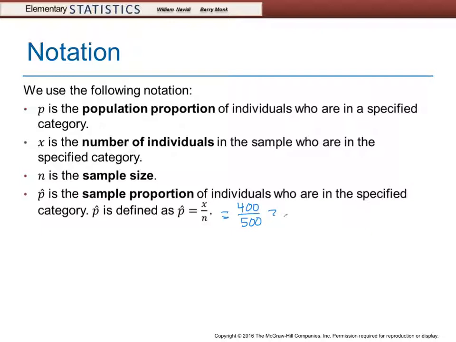So this doesn't work. So 90% of 500 is probably 4,500, but let's just check. Yes. So x in this case is equal to 4,500 divided by 500, which is equal to 0.9.